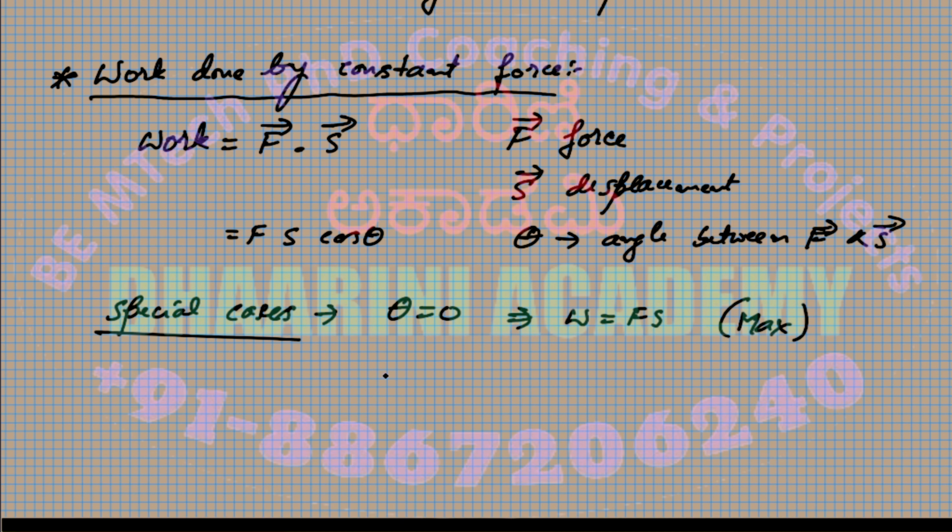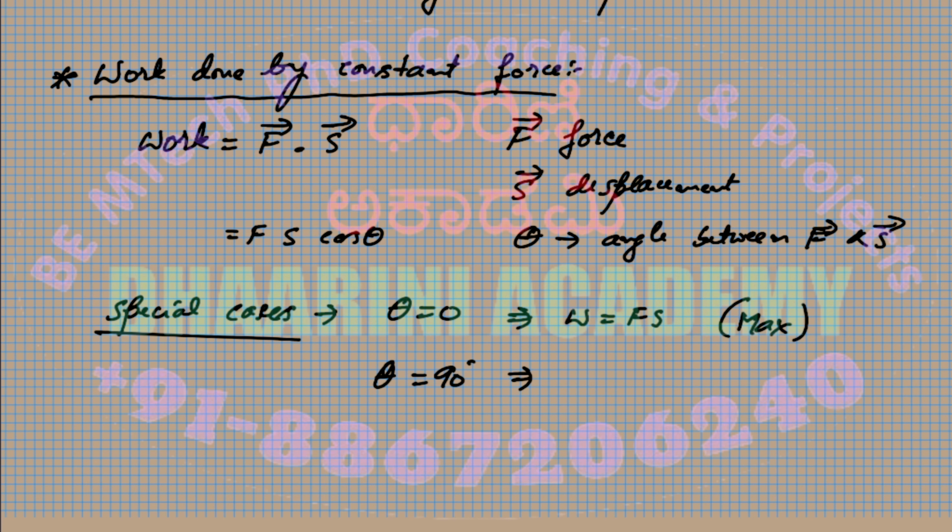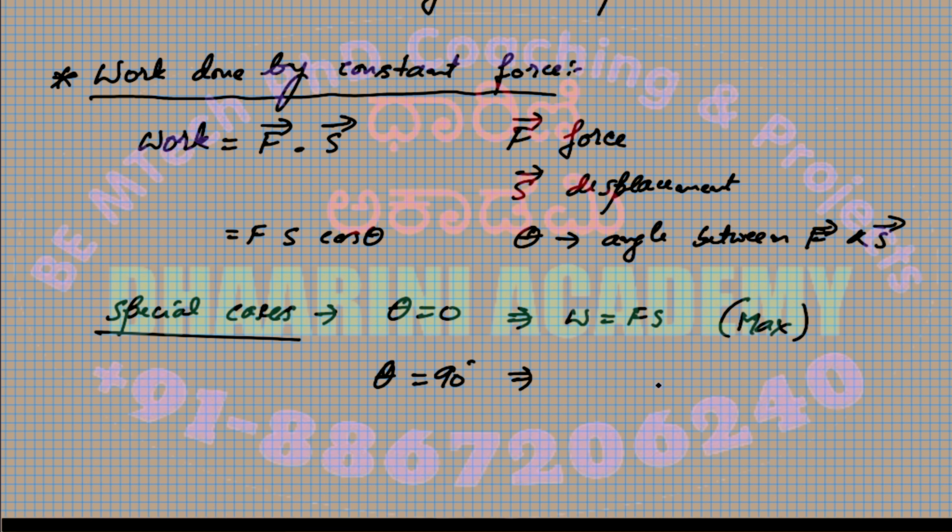Then let's take another case where theta is 90 degree, in the sense force is in one direction, the displacement is 90 degree to that. Cos 90 is 0, so the work done is said to be 0, no work done. And the third case is theta is 180 degree, cos 180 is minus 1, so work is equal to minus Fs. So this is the minimum amount of the work done.